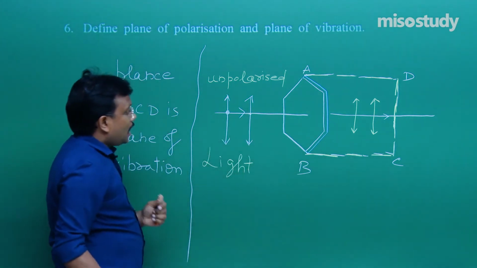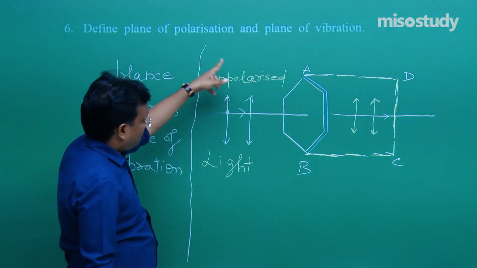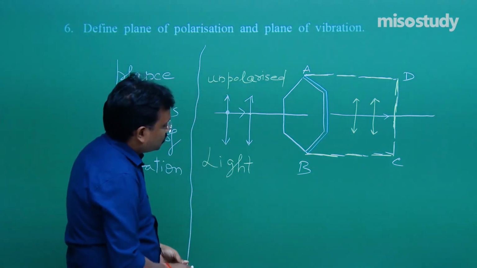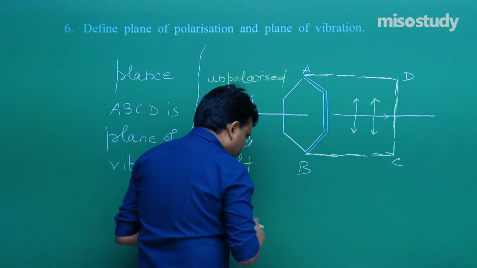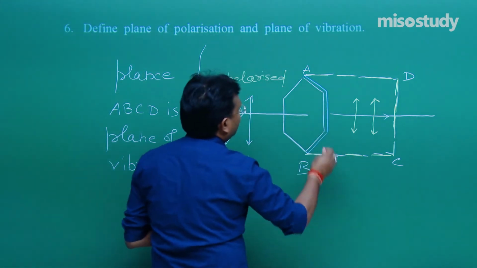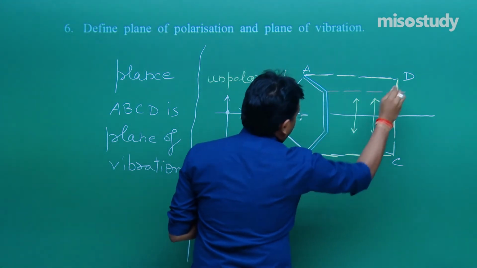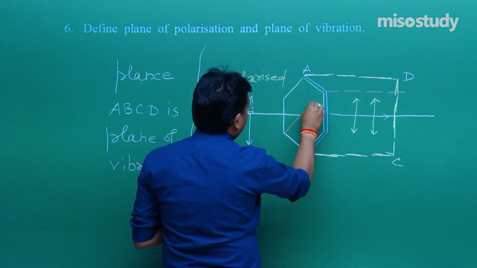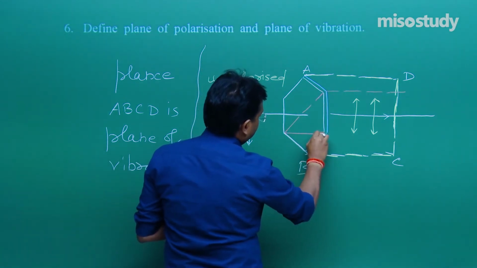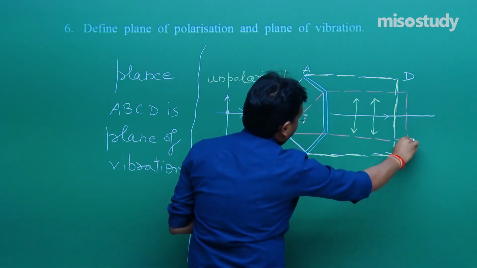First thing. Now, in the same diagram you can also show this plane of polarization. Now, how you can show the plane of polarization? Let me explain it. I think I should use a different color chalk, like this, then like this, like this. Fine.